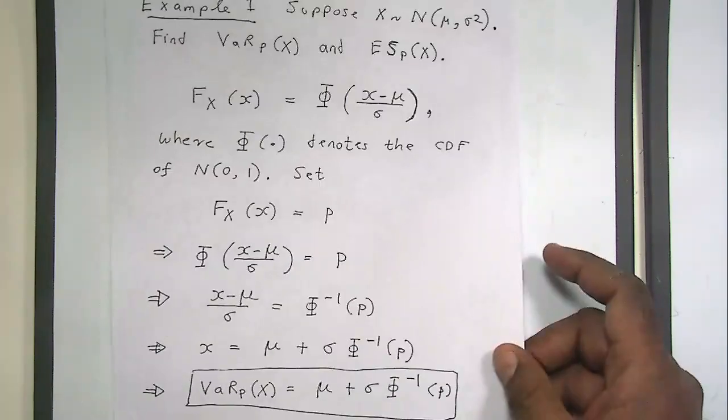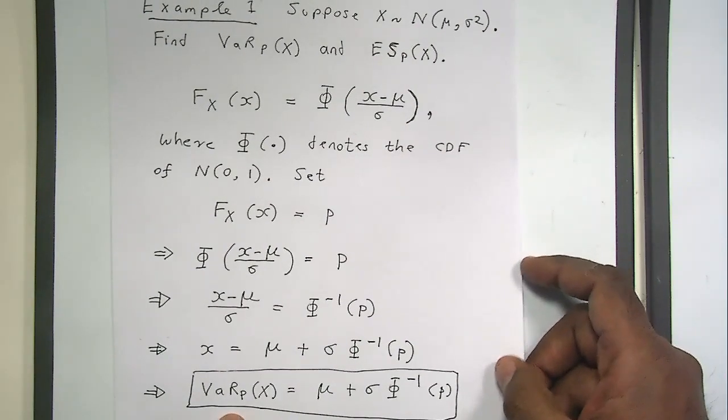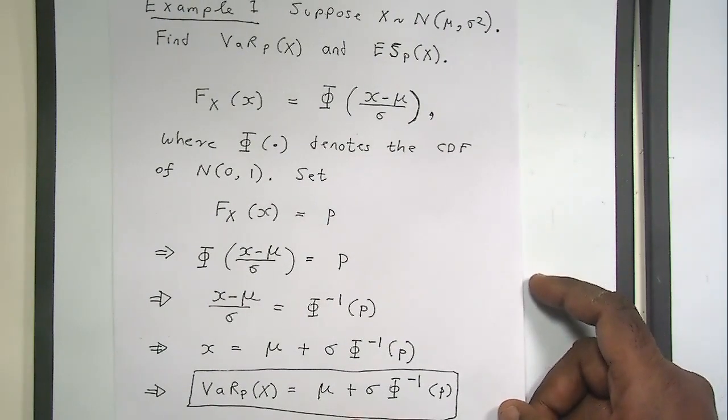Then I did three examples. This is example 1, for the normal distribution. The formula for VaR is given by this.